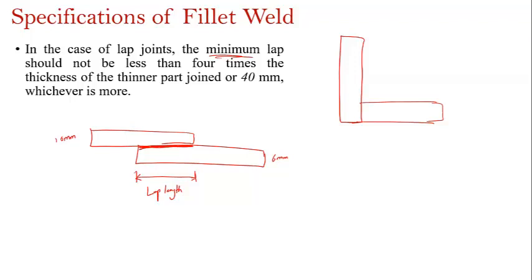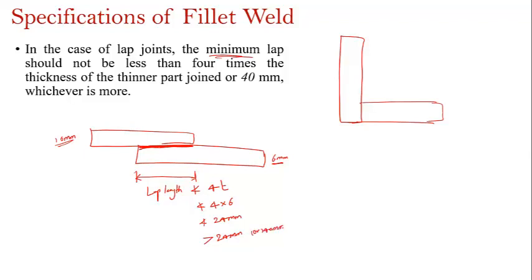The condition for the lap length is that it should not be less than 4 times the thickness of the thinner part joined. The thinner part is the thinner member, that is 6 mm, so 4 times 6 is 24 mm. So for this connection, with plate thicknesses of 10 mm and 6 mm, the lap length should not be less than 24 mm, or 40 mm.